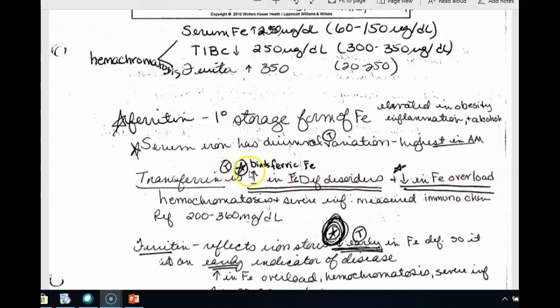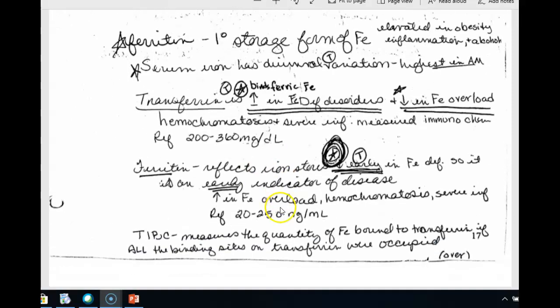And remember, transferrin binds the ferric iron. Hemochromatosis and severe infections: it's measured in the immunochemical way, and again, the reference range for transferrin, this is new, is 200 to 360 milligrams per deciliter.